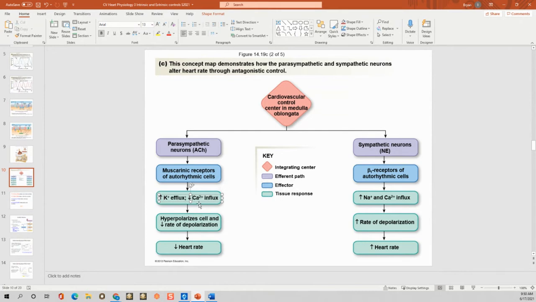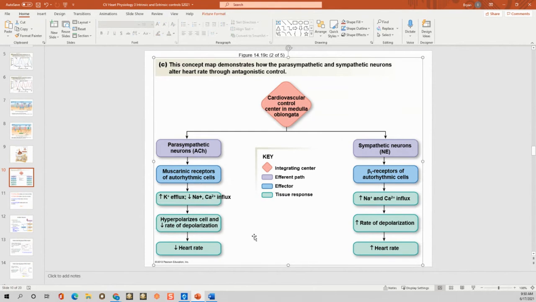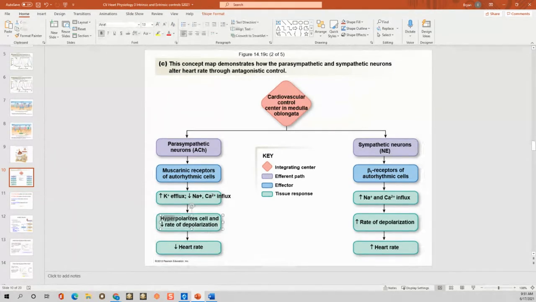I'm going to just write this in because students, you know this, but you don't know this when it doesn't say it every single time. So it's going to decrease sodium through the funny channel, and it's going to decrease calcium through the T-type calcium channel. And the combination of this both hyperpolarizes the cell and decreases the rate of depolarization.